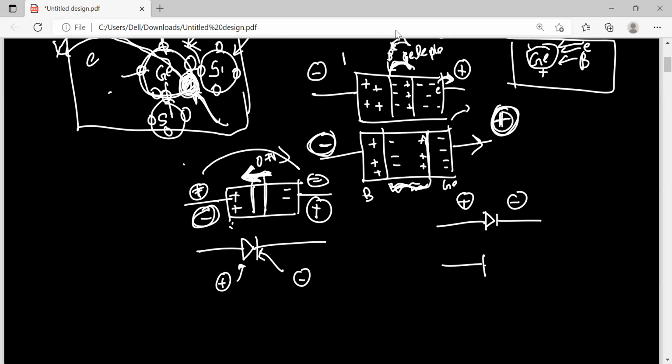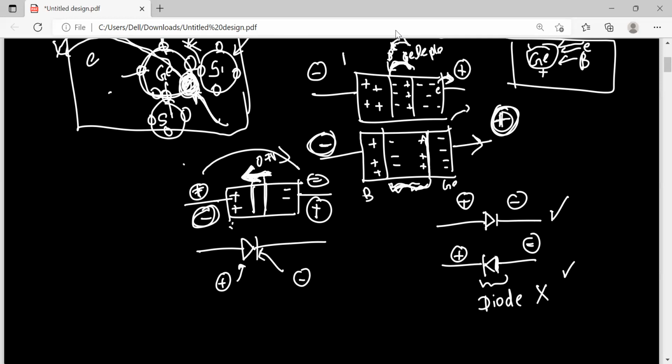If you provide plus and minus the other way, you have given it in the wrong direction, meaning the p terminal has the negative voltage, so the diode is not going to work. We give it a name, reverse biased. So it will work on forward bias and won't work on reverse bias.